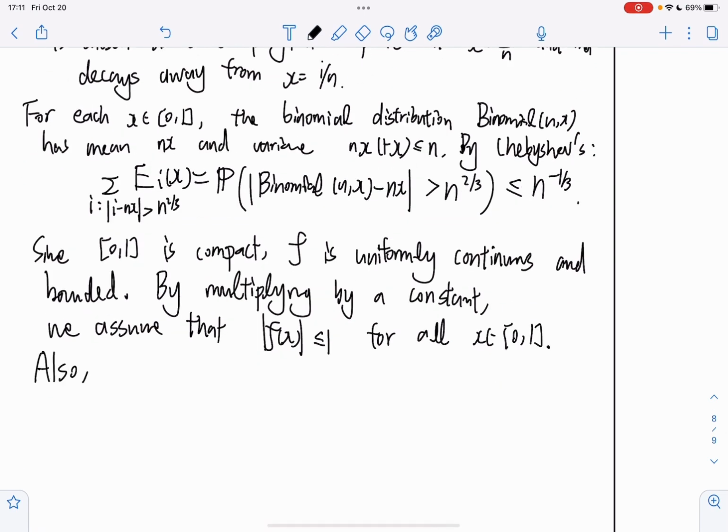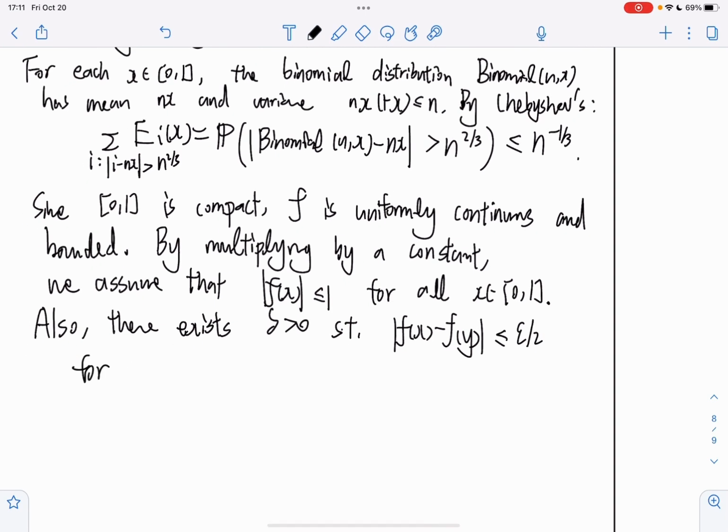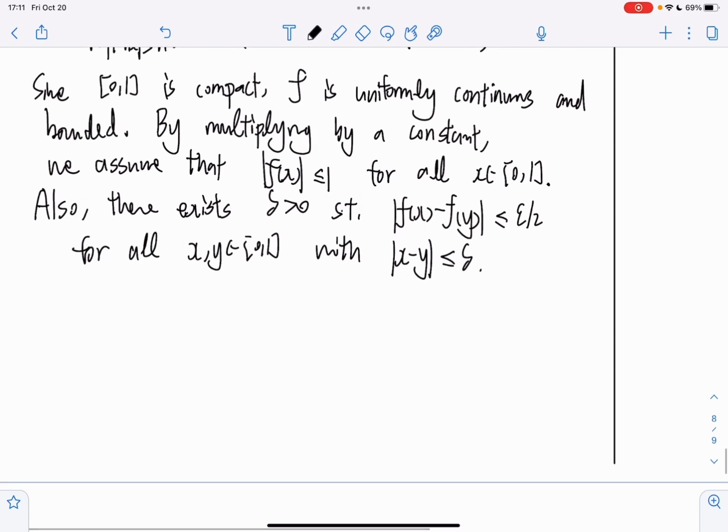Also, there exists a positive delta such that the absolute value of f(x) minus f(y) is bounded by half epsilon for all x, y in the range of 0 to 1 with the absolute value of x minus y bounded by delta. It's very basic analysis.